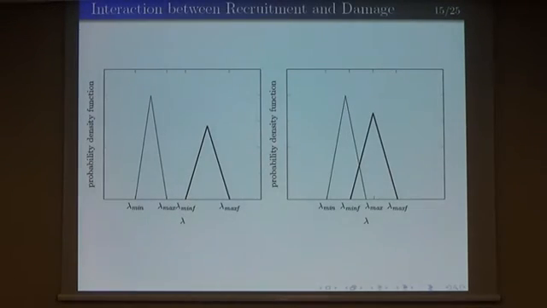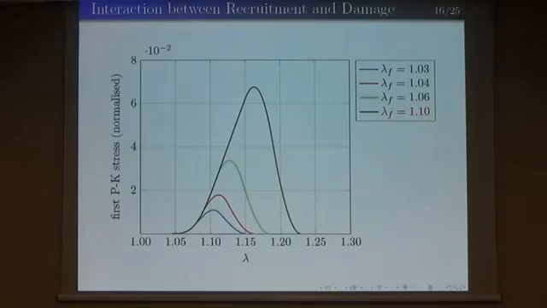Depending on whether there is overlap between the two probabilities, you have a different behavior. Of course, this depends on the value of lambda f. When you have a relatively large lambda f, you can get higher stresses. When lambda f is very small, it means that you are still recruiting, but the first fibers that you have recruited have already started to fail, and so you get much lower maximum stresses.